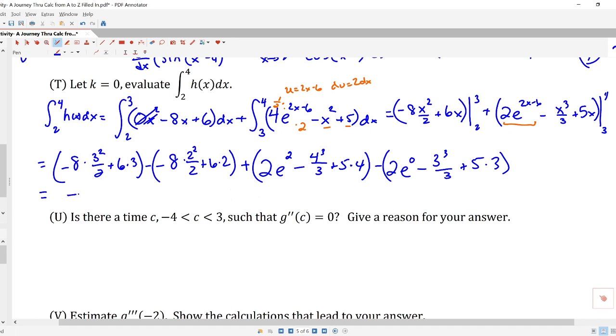Divided by 2, that gives me a negative 36 here, plus 18, minus 2 squared is 4, divided by 2 is 2, times 8 is negative 16, plus 12, plus 2e squared, minus 4 cubed is 64 thirds, plus 20, minus e to the 0 is 1, times 2 is 2, minus 3 cubed is 27, divided by 3 is 9, plus 15.